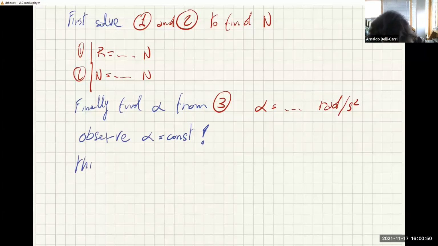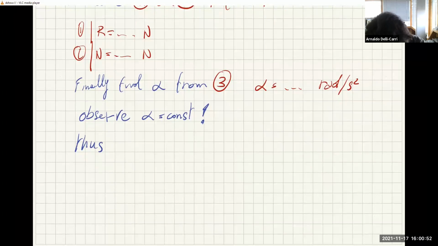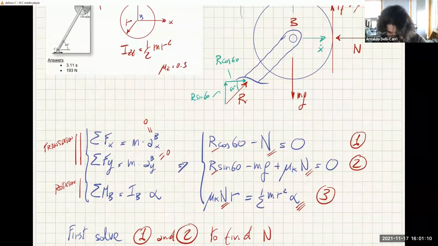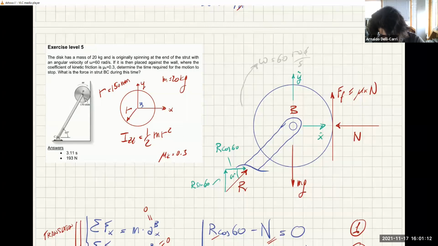Thus, let's call this alpha 0. And so integrating, you have that omega of t is alpha 0 t plus omega 0. And this omega 0 is exactly this, because this is the starting omega.